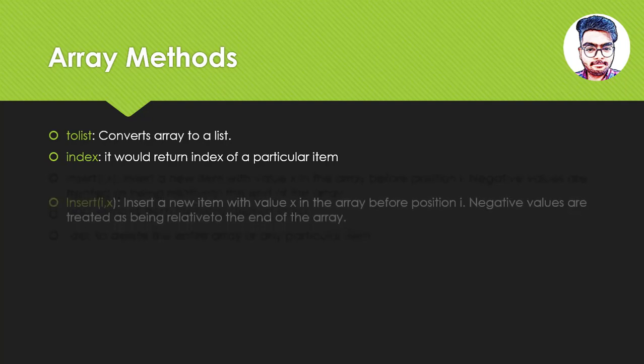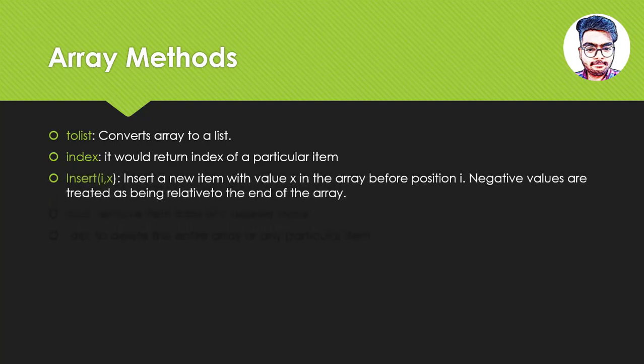Similarly, the next method that we have is the insert method, which is basically used to insert a new item to an array. Now you may wonder what is the difference between the append method and the insert method. It is pretty simple: the append method adds the element to the end of the array, whereas with the help of the insert method, we can add an element at any particular index of our choice.